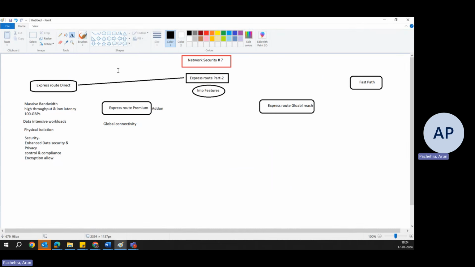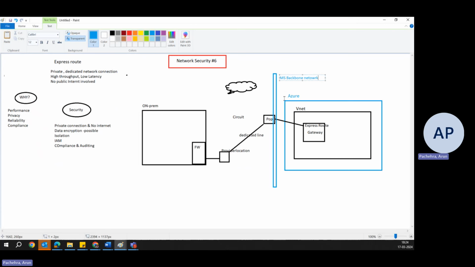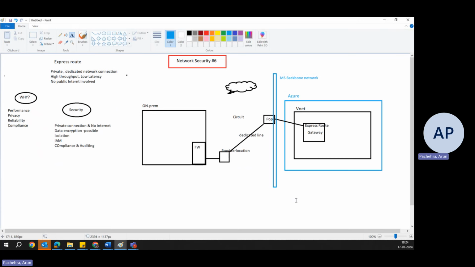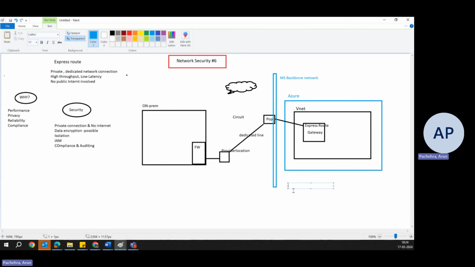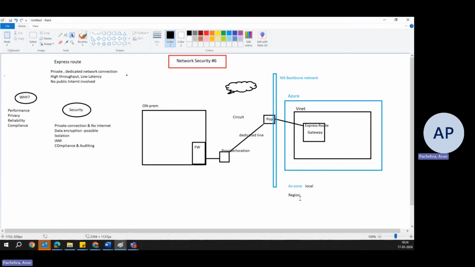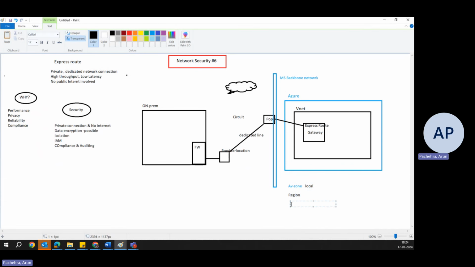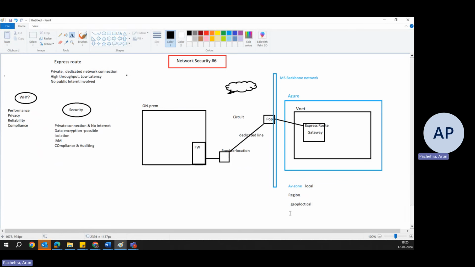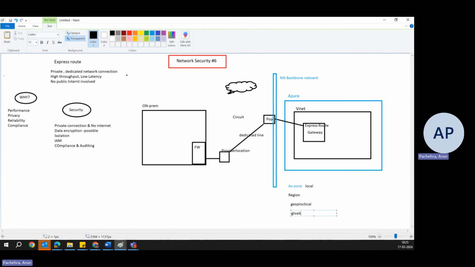Because if you go with the hierarchy, let me go back here. If you go with the hierarchy, we have, for example, this Azure VNet somewhere in the region. We can say Availability Zone as a local. Then we have region, and then we have geopolitical region, and then we have global region, something like that.